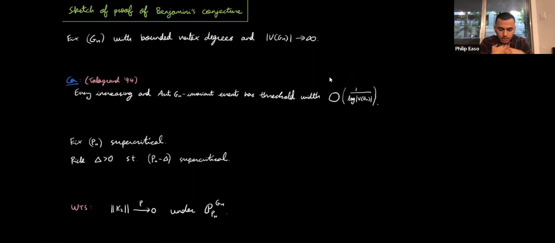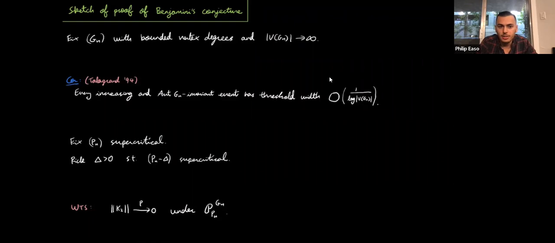So a key tool that we're going to need, and this is really typical in percolation. Sharp thresholds are a really key tool in percolation in general. So here's the sharp threshold result that we're really going to rely on. And it's just a corollary of Talagrand's sharp threshold result from '94.